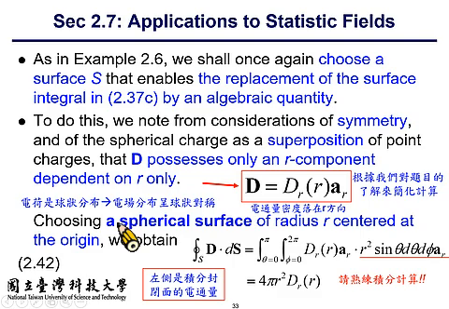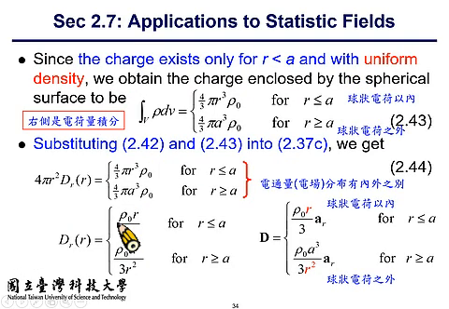How about the right-hand side? Well, the right-hand side is simple as well. Because the charge density is a constant, uniform in this region, you simply calculate the volume of the sphere, depending on the observation point.